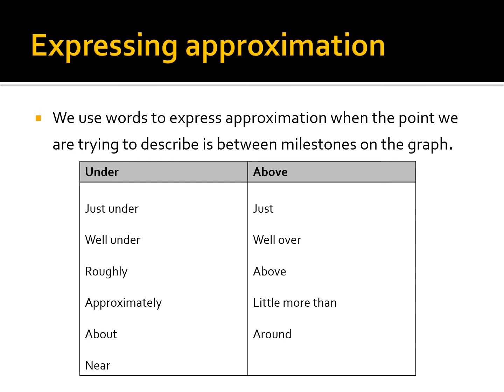If you're saying it's under, the words that we can use are just under, well under, roughly, approximately, about, near. There is even near about. Let's move. If you're saying it's above, you can say just, well over, above, little more than, and around. Let's move.